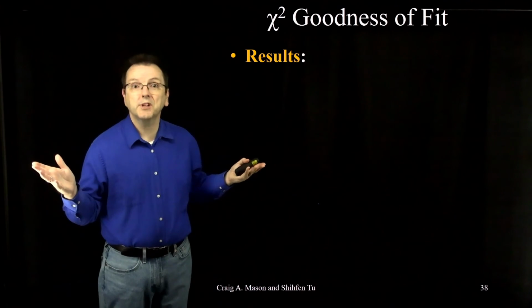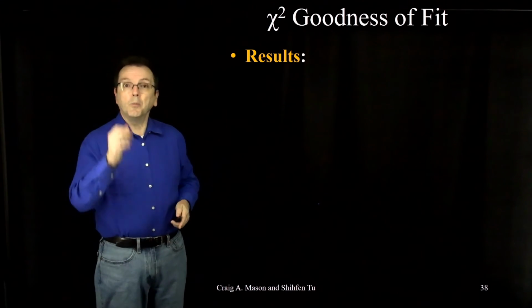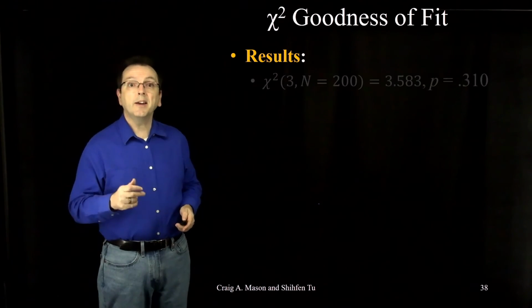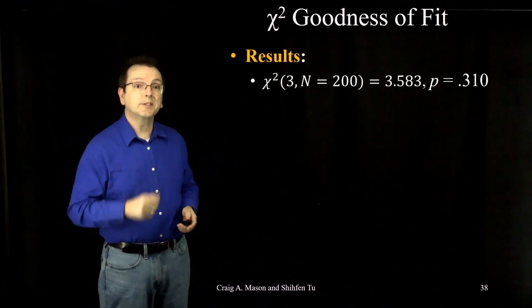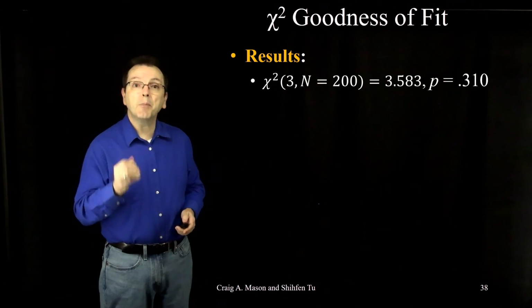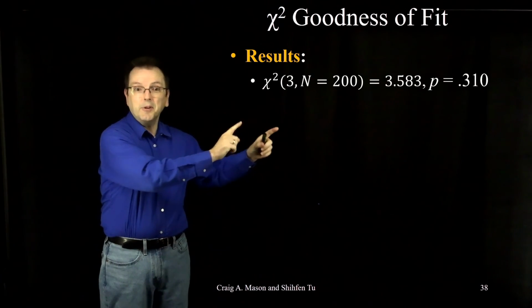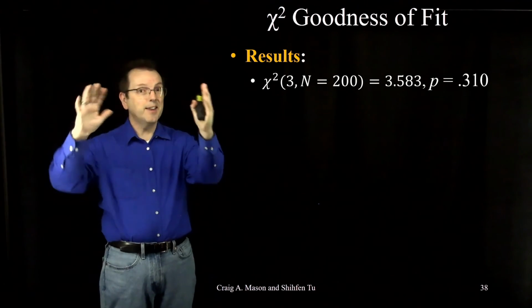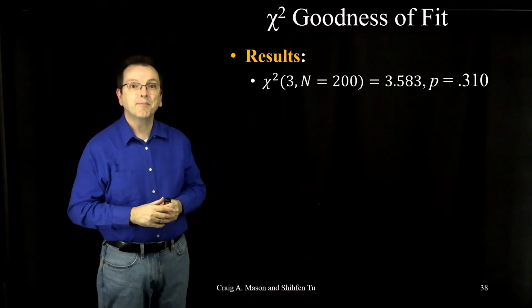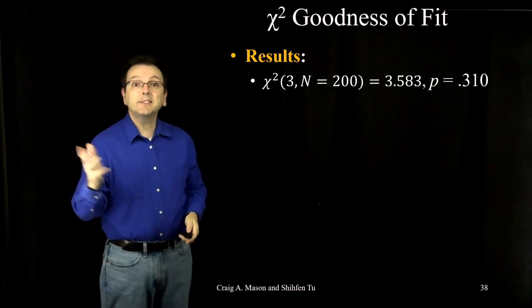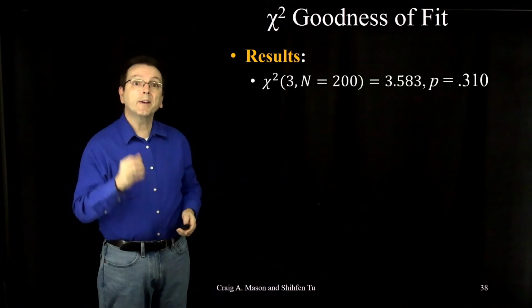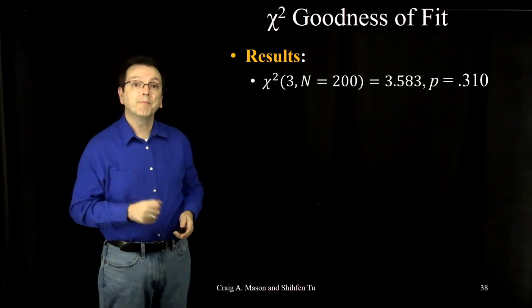So what were our results? With an n of 200, we obtained a chi-square with 3 degrees of freedom equal to 3.583. Don't forget to include the degrees of freedom and the n in your parentheses, right? This gave us a p-value of 0.310.